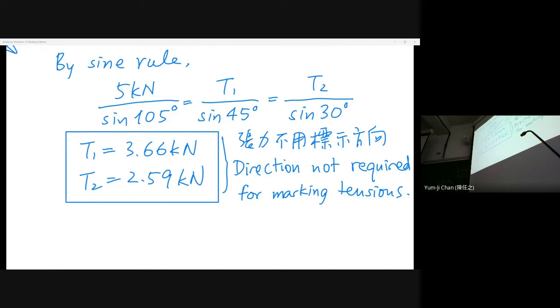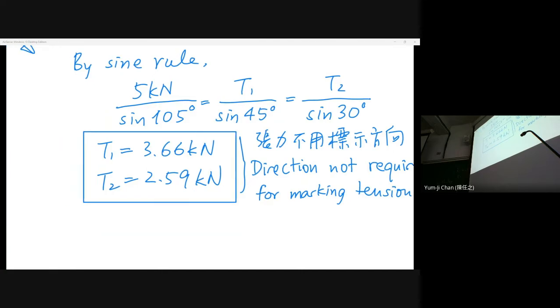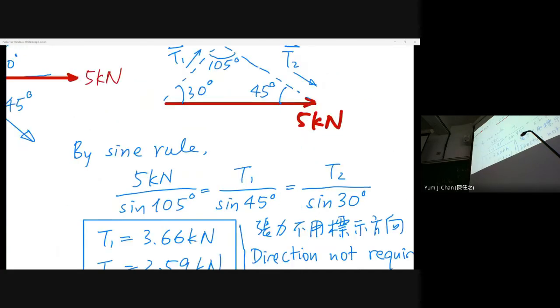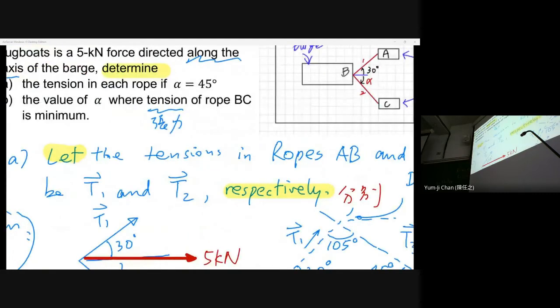Part B is the value of alpha where tension of flow BC is minimum. Minimum is this one.